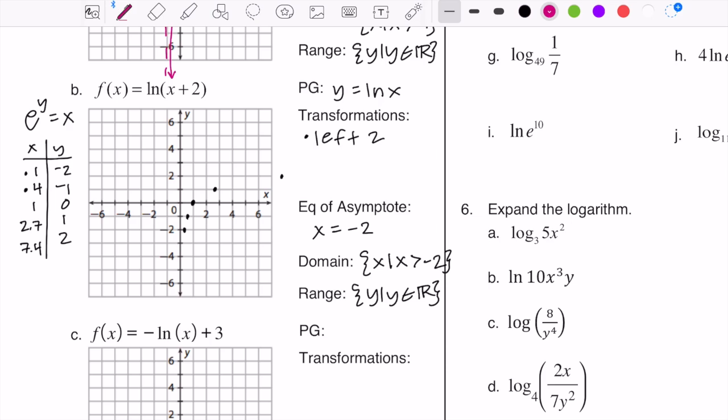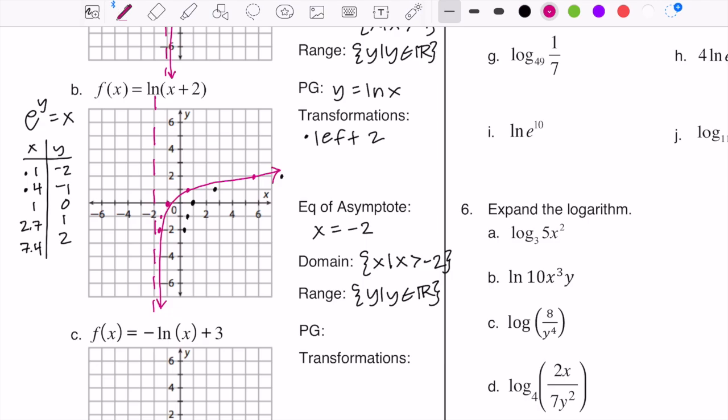Again, I like to put my asymptote in first so that I don't accidentally go further than I should. This is nice because everything is just going left 2, left 2, left 2, left 2, and left 2. Oh, that's hard to see. I'll do it in the other color. And there is our graph.